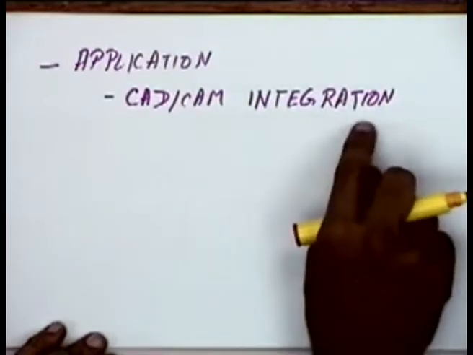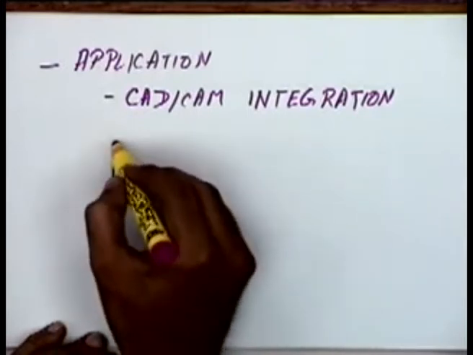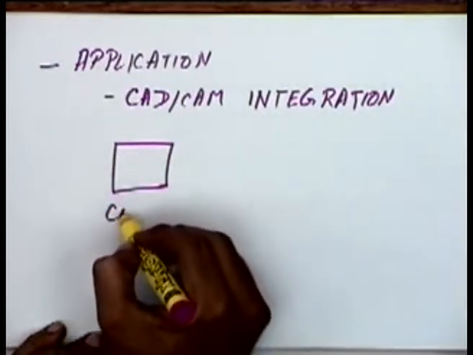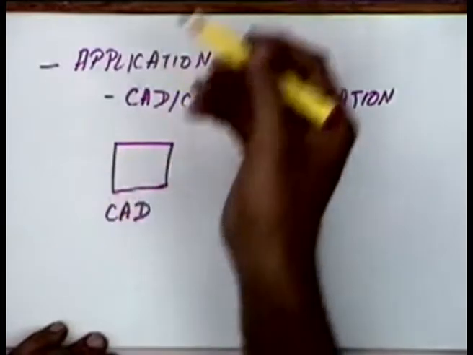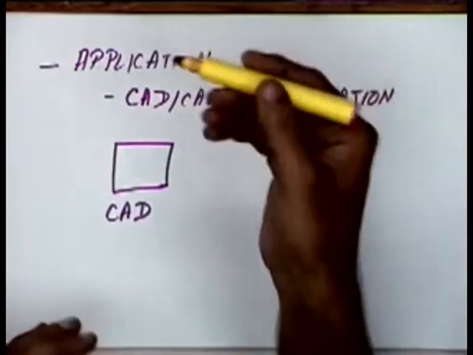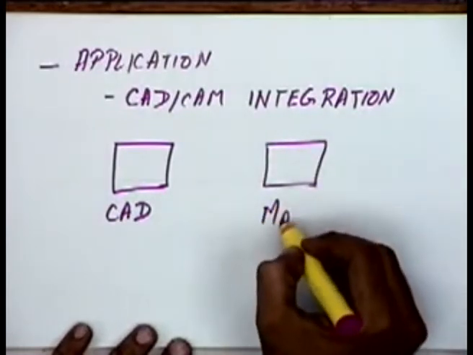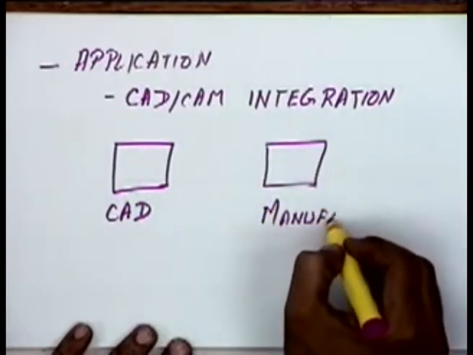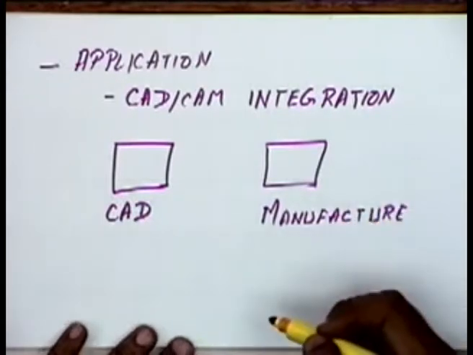In CAD CAM integration, we are essentially talking of, let's say, this initial stage, what we call CAD, where we are developing a model, analyzing the model, and finally designing a particular object. Then we have the manufacturing stage.